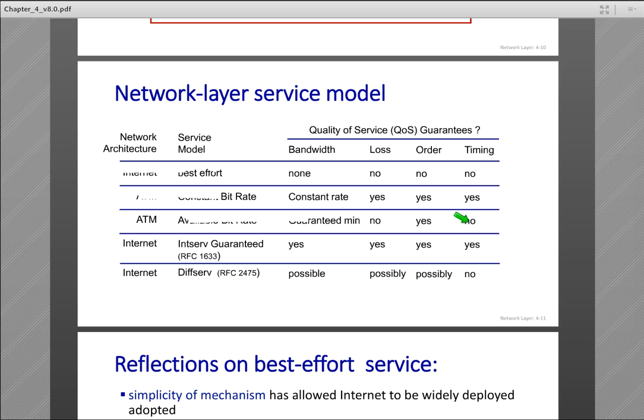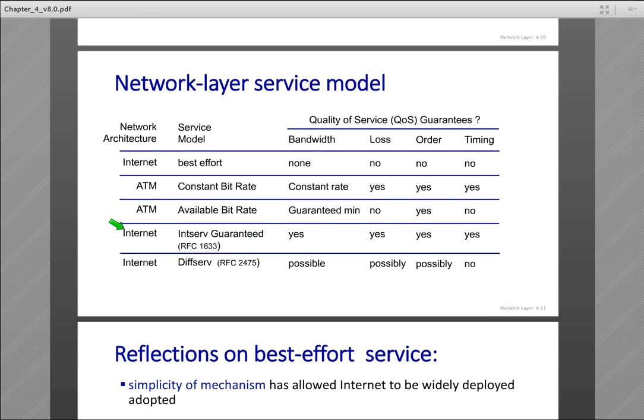ATM has 4 or 5 different service models. Here you can see only 2 of those models. But you can see ATM can guarantee some things. It depends on your requirement. We can use those service models.